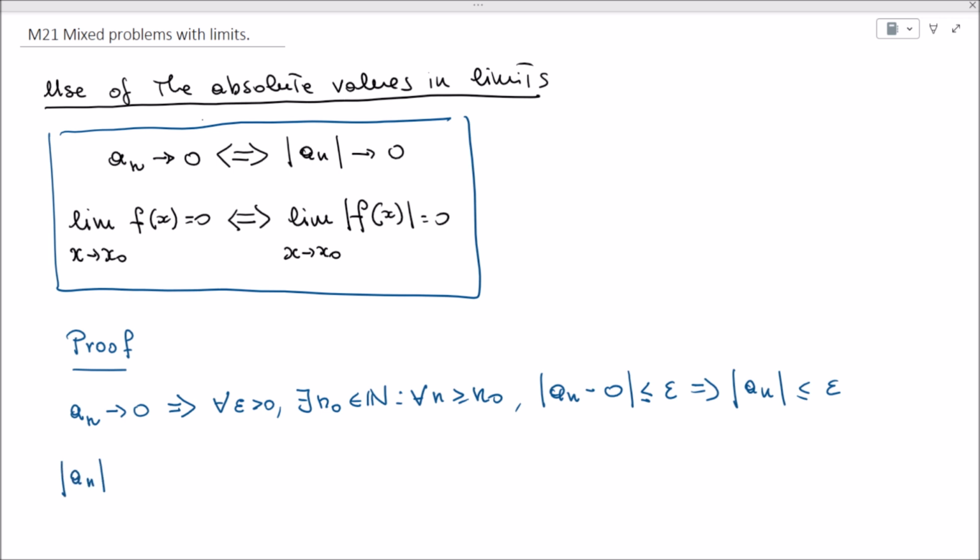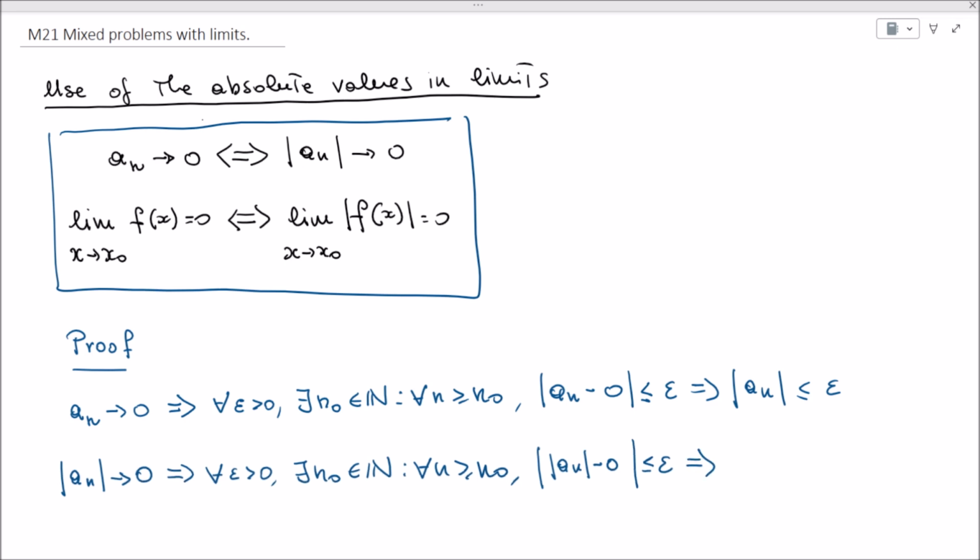so this new sequence, which is the one generated by taking the absolute value of every element of the original sequence an. So what does that imply? Well, if this tends to 0, that means that for every epsilon larger than 0, there exists an n0 in the natural numbers, such that for every n larger than or equal to n0, it happens that the absolute value of the sequence, but the sequence is just an minus 0, is less than or equal to epsilon.